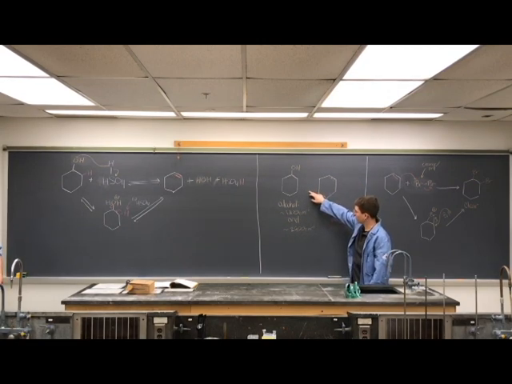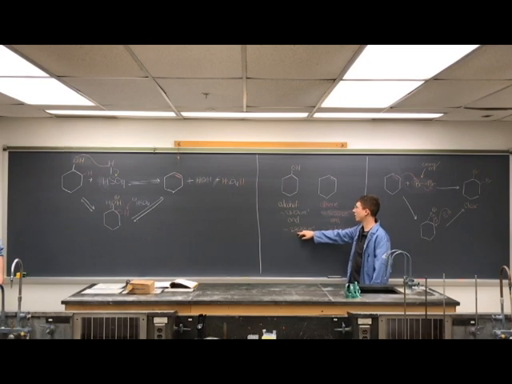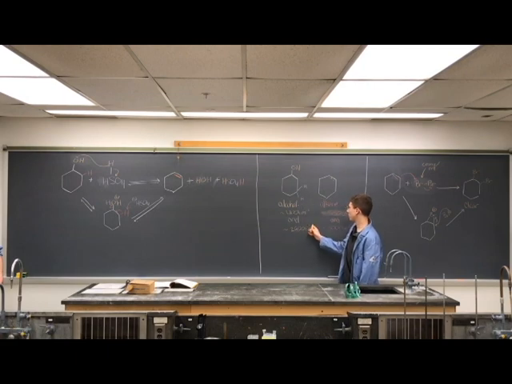In the starting material, you have the band at 3,300 for the alcohol, and then you also will have a sharp peak at around 2,900 for sp3 hydrogens. If you have these hydrogens here, or at any other position on the ring, that's what this band is going to show.